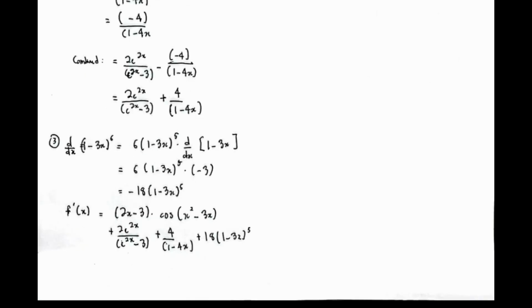For the third term, d/dx equals 6(1 − 3x)^5 dot d/dx of (1 − 3x). Then it will be minus 18(1 − 3x)^5.